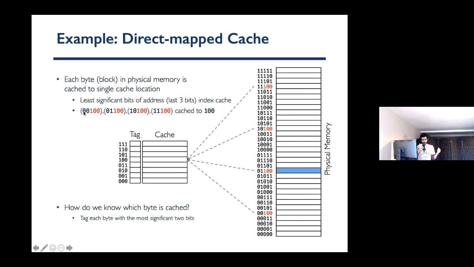So one question I answered, where do I cache a particular memory? I just look at the 3 bits to cache them. If I have an address, how do I check if that address is cached? I find that memory location, I look at the tag, and I check the tag with the address. And if it is a hit, then I have it. And the last thing, how do I evict? Which byte should I evict?